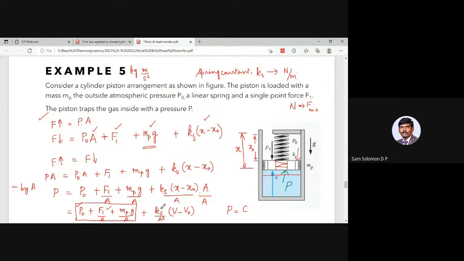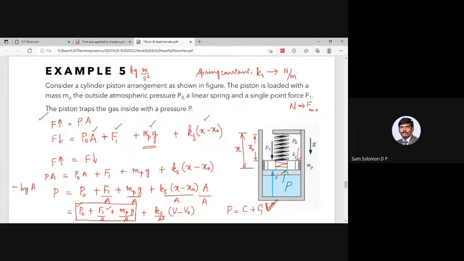And if you look at this Ks by A squared, the spring constant for a particular spring is not going to change. The name itself is constant, so Ks is a constant. Area of the piston is a constant, so that guy is also some other constant C1. And this V minus V naught is some volume, presented as a different volume.